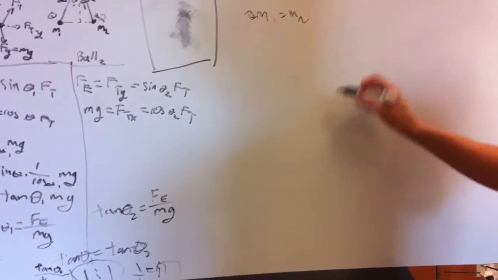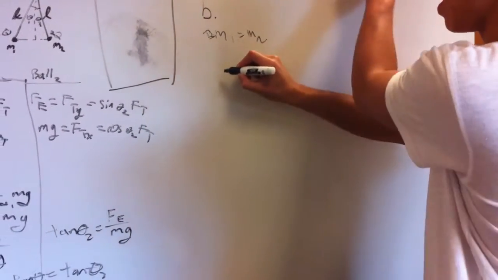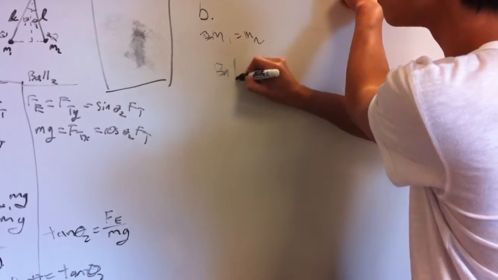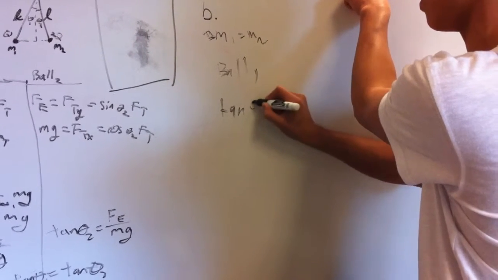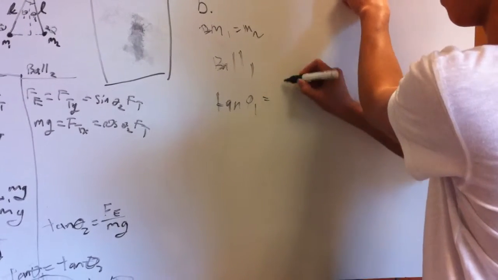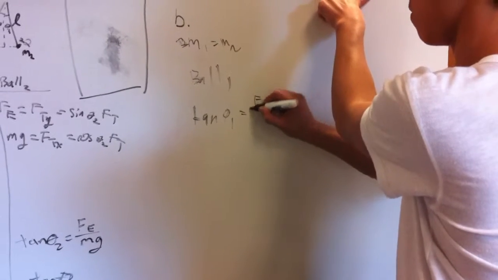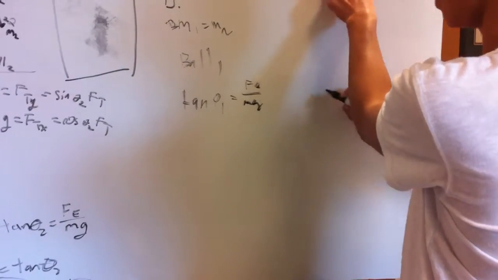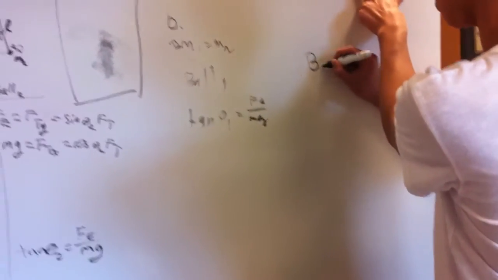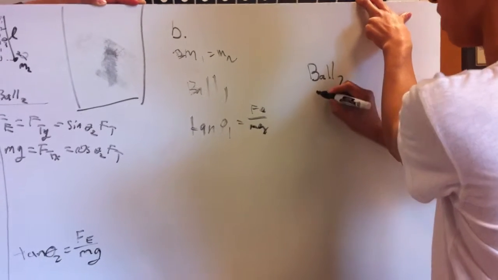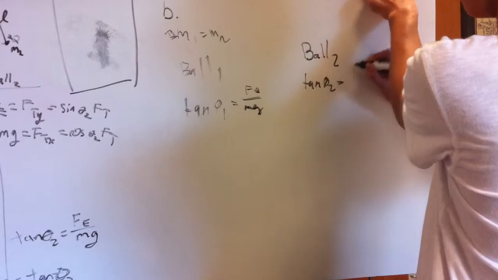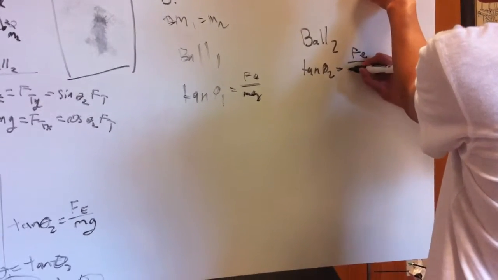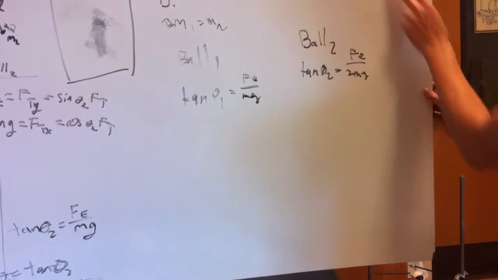So if you do the same exact process, you end up with the equation for ball 1, tan theta 1 is equal to Fe over mg, and for ball 2, tan theta 2 is equal to Fe over 2mg.